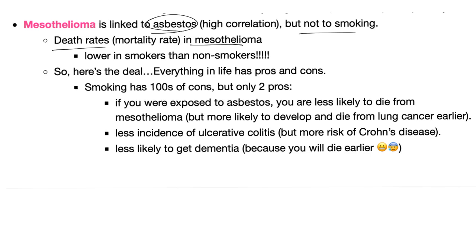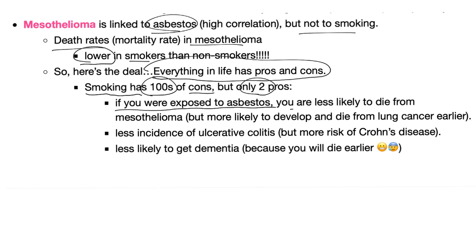Death rates in mesothelioma are lower in smokers than non-smokers. So here is the deal. Everything in life has pros and cons, even cigarette smoking. But here is the caveat. Smoking has hundreds of cons, but only 2 pros. Number 1, if you were exposed to asbestos, you're less likely to die from mesothelioma if you are smoking cigarettes.